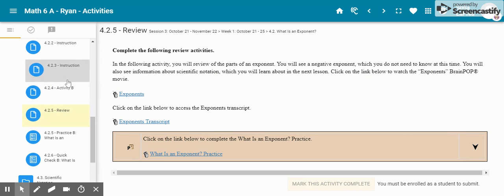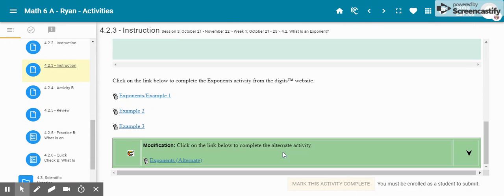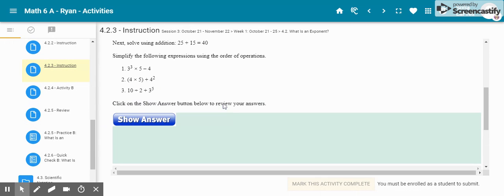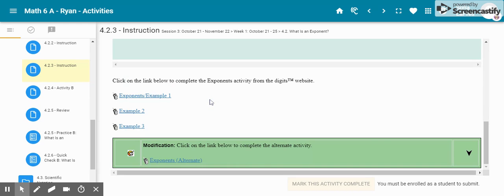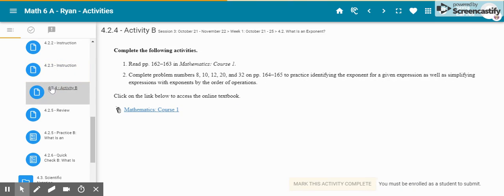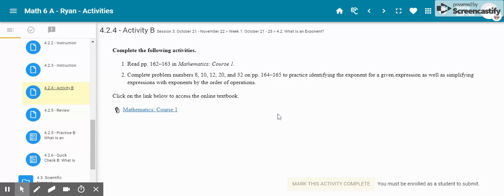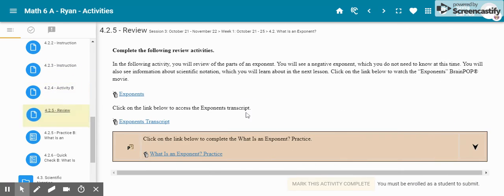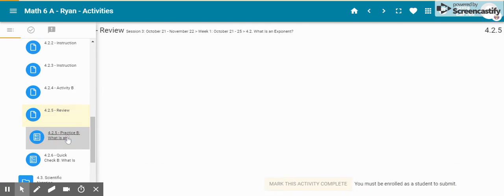So once you've done all of those things, you have finished that last little bit with these examples here and checked your answer, done the visual examples 1, 2, and 3, and done your problems in your textbook. You've done your review, watched the video, then you're ready to do your practice.